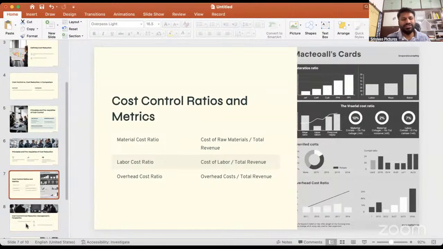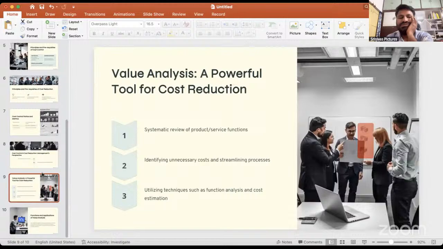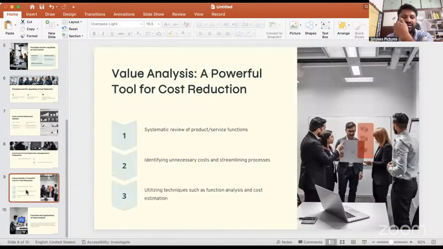Cost control ratios are completed. Now, cost control and cost reduction management perspective: cost management as a strategic priority for managers, and alignment of cost initiatives with business objectives. And value analysis is a powerful tool of cost reduction.